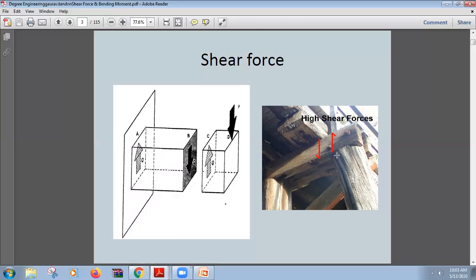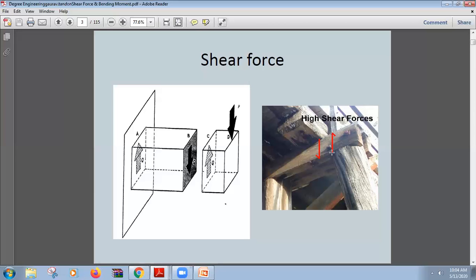The upward force is applied by the column, and on the beam we have loading, with the clear span being the part where the beam is not supported.